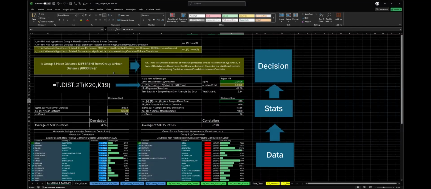So we have the sample mean error, and then we have the sample standard error. For the test statistic, what we do is we compare the two. We compare the sample's mean error versus the sample's standard error.